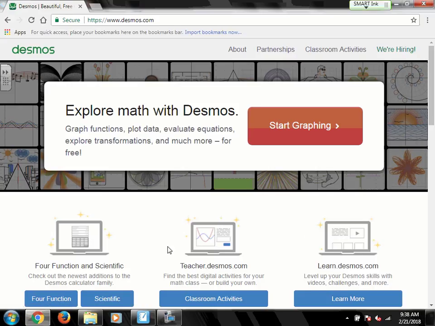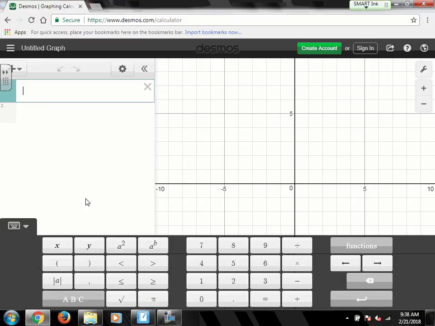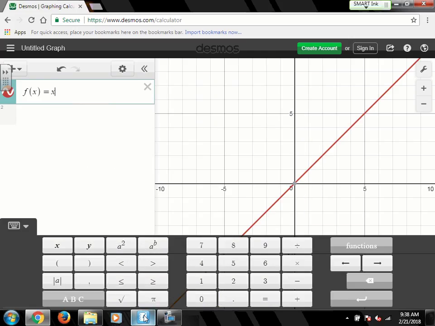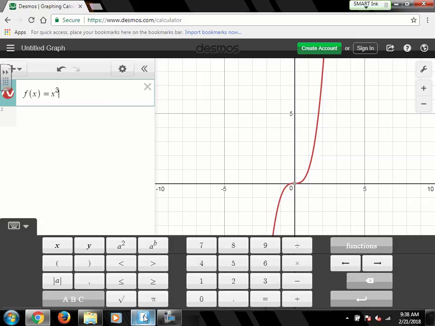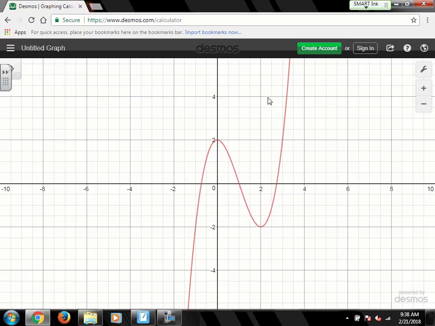We're going to use Desmos. Okay, x cubed minus 3x squared plus 2.